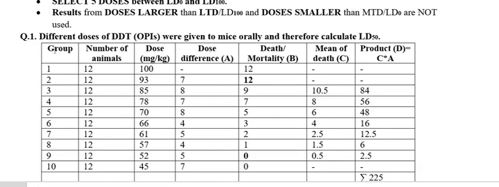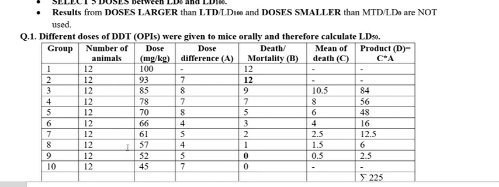We keep an equal number of animals in each group, and the groups are 1, 2, 3, 4, 5 up to 10. In each group the number of animals should be equal.